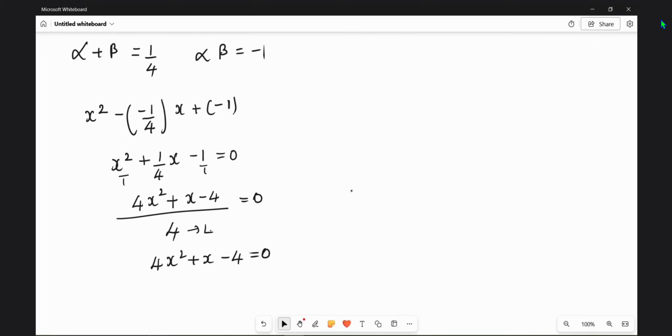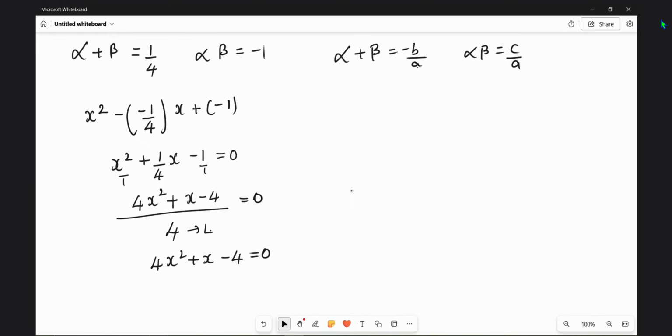How will you find alpha plus beta? We know that it is minus b by a, and alpha into beta is c by a. But we don't know a also. You are telling to take it as minus b directly, but we don't know whether a is 1 or not. It may be other, a may be 4.